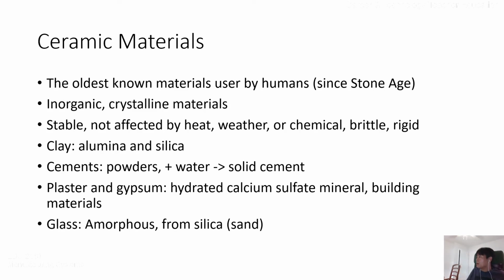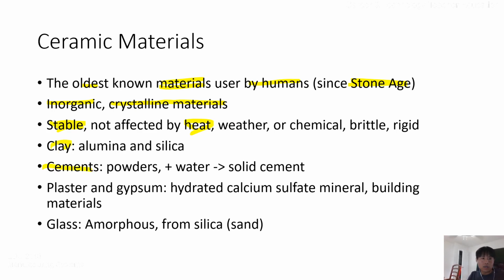And ceramic materials. Ceramic is one of the oldest materials used by humans, because human history started with the Stone Age. So stones are ceramic materials. These are inorganic and crystalline materials, stable and not affected by heat, and made from clay.